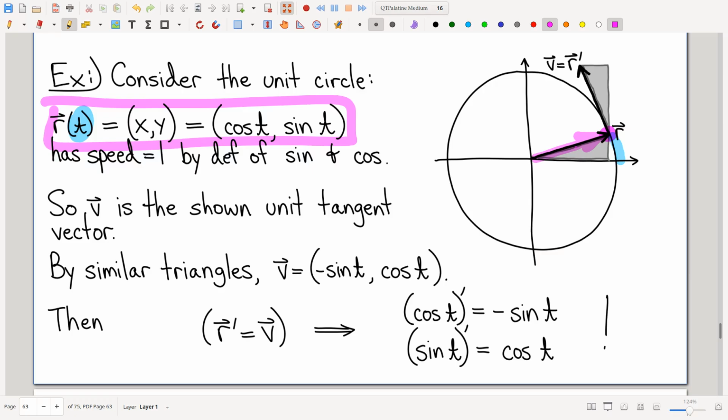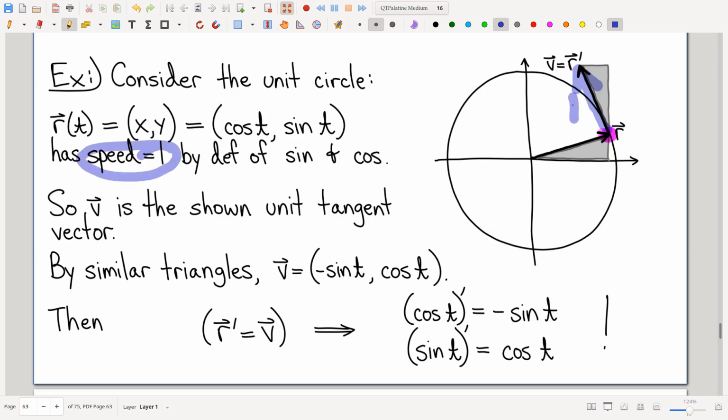All right, so let's see here. Next observation. Wherever I might happen to be on that curve, we've got this thing called the velocity vector. The velocity vector points in the direction the curve is going, and the magnitude is the speed. Wait a minute, we just talked about this. The speed is 1.